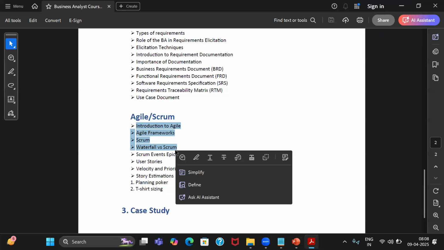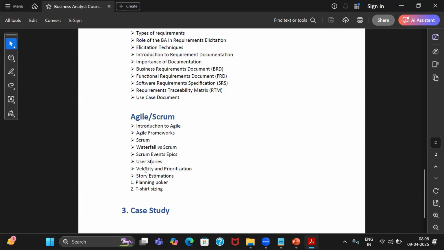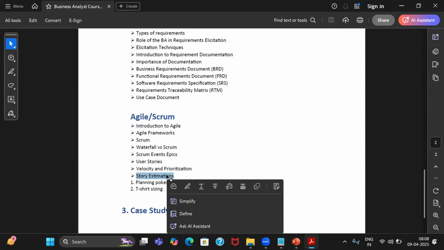What are the different events or ceremonies that take place within Scrum, and what's the role of a BA in those Scrum ceremonies? Then we look at Scrum metrics like velocity, and how estimation takes place once you have written down a user story. These are essentially the topics that we will be covering throughout the course.